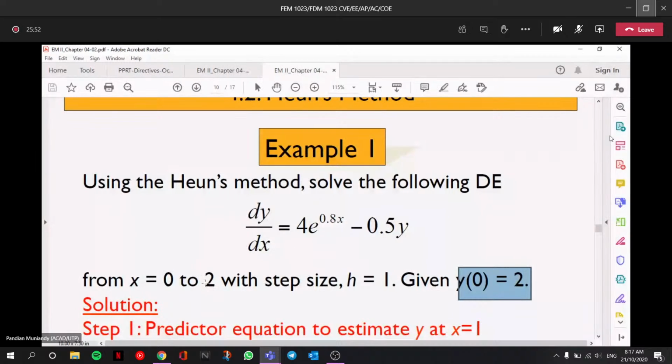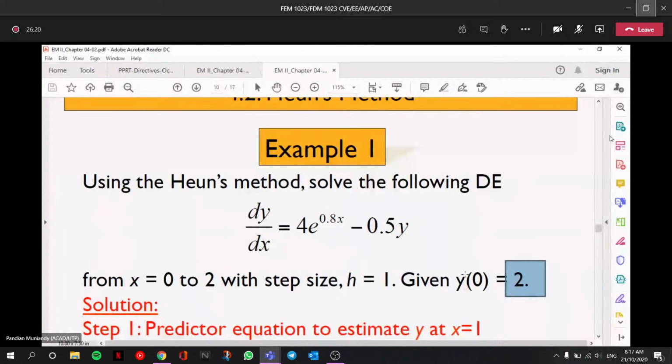This 2 is called y0. And y1 is at x equals 1, yet to be found.